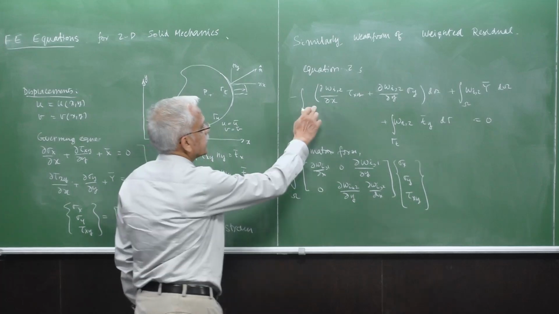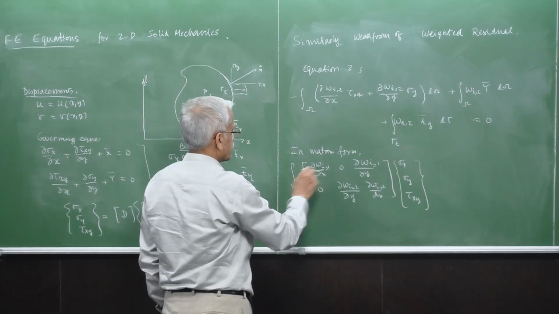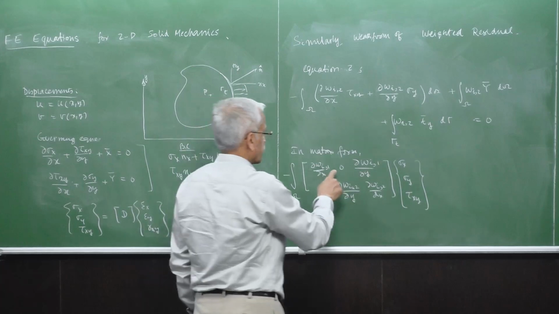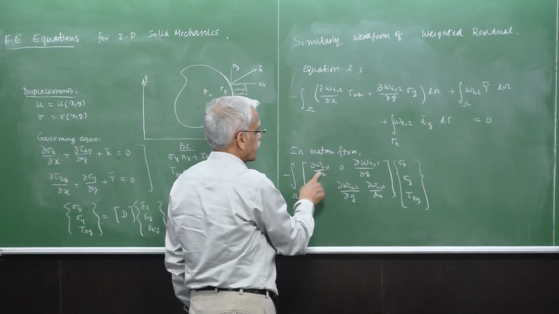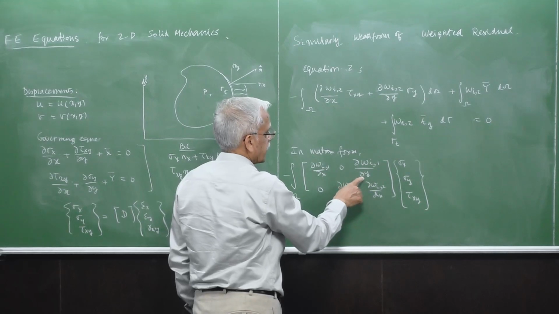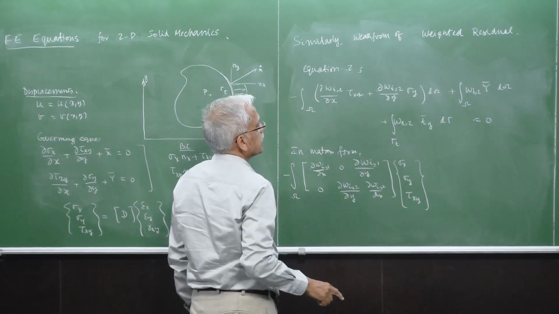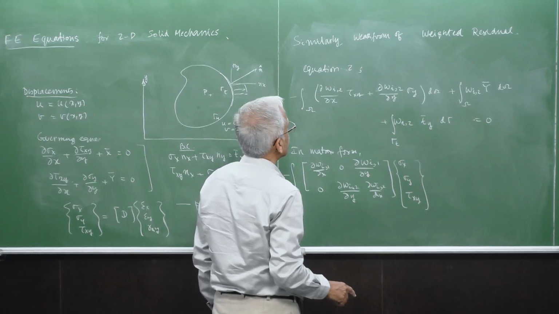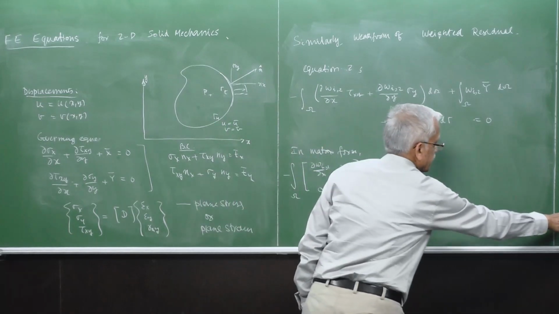So the first row gives dou wi comma 1 dou x times sigma x and dou wi comma 1 dou y times tau xy. So that's what this equation is, right?